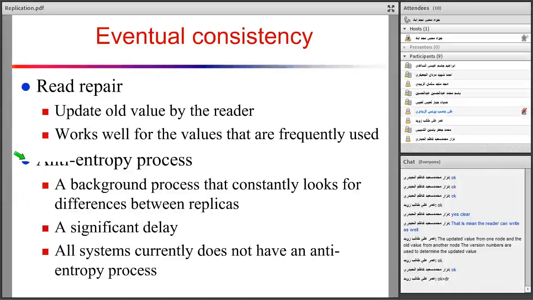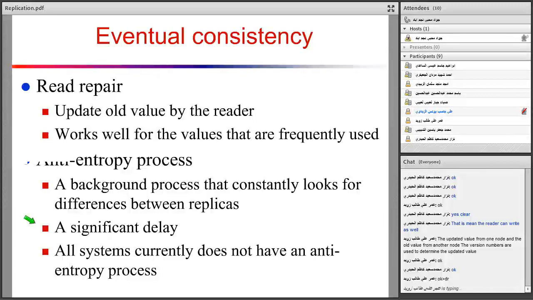But there is a significant delay in this process because this is a heavy load process, and it can decrease the performance. Also, there is a significant delay to update the old values.